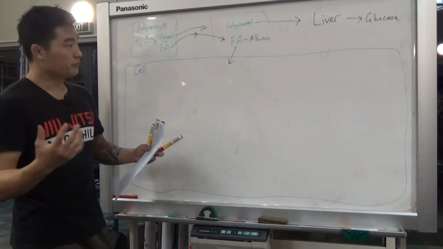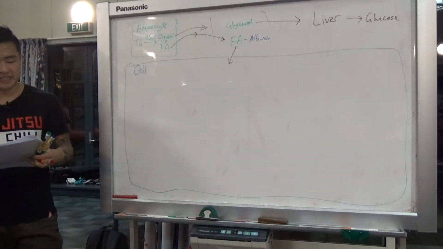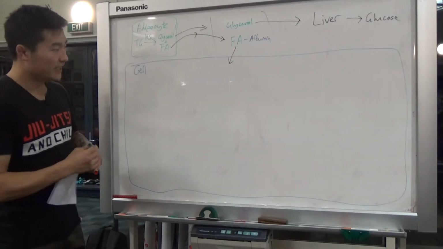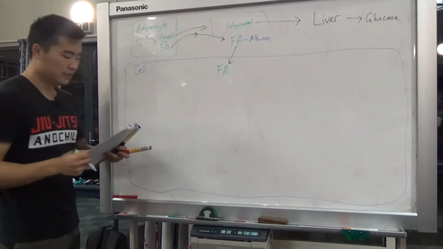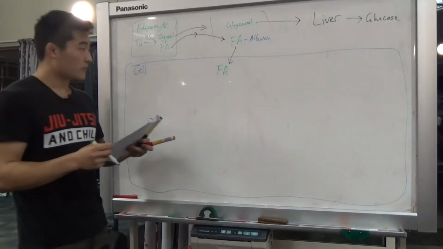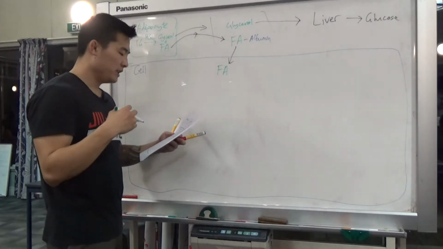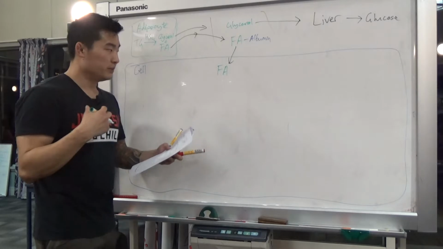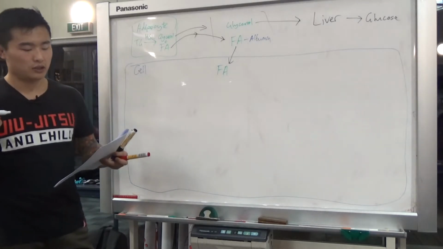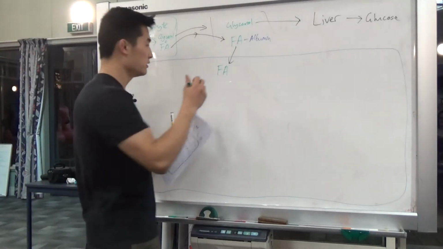And so now once this fatty acid is inside the cell, it has to be activated. So we have our fatty acid, and it has to be put onto a coenzyme A molecule.